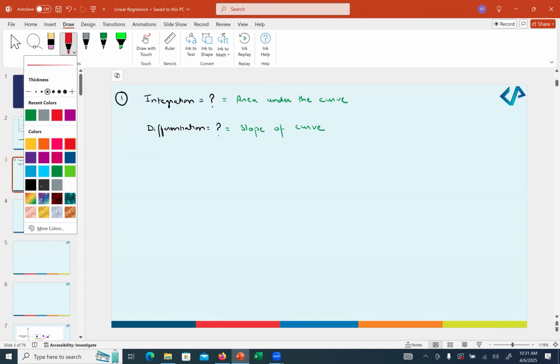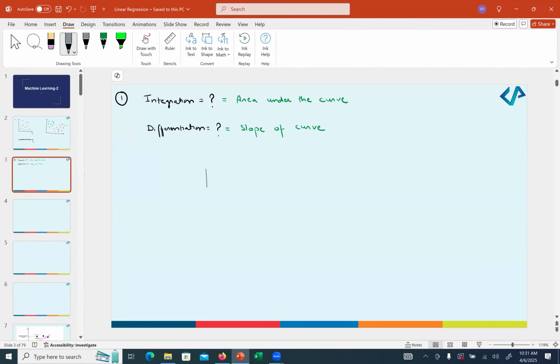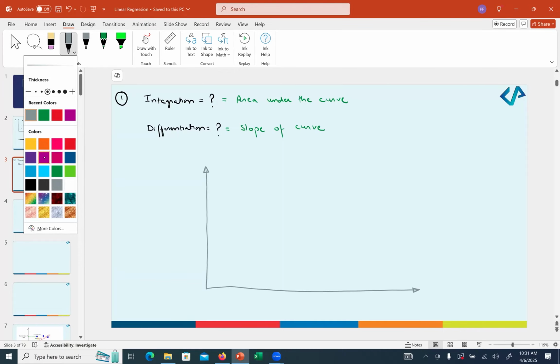Let's say if I have a data set, if between any 2 points, okay. So let's say I have a curve like this.